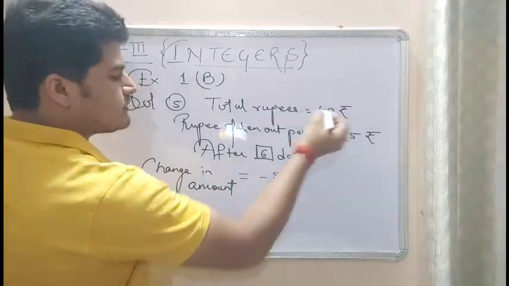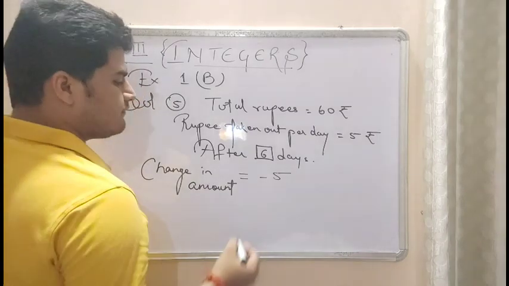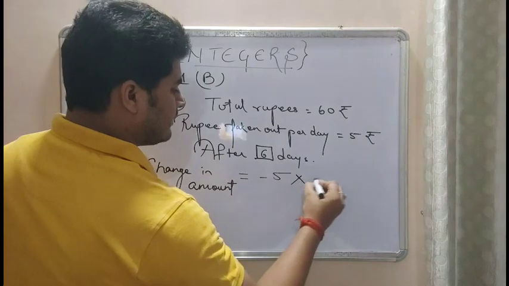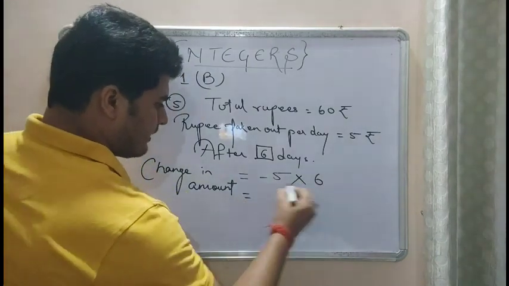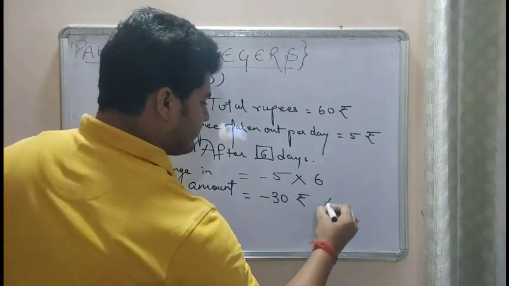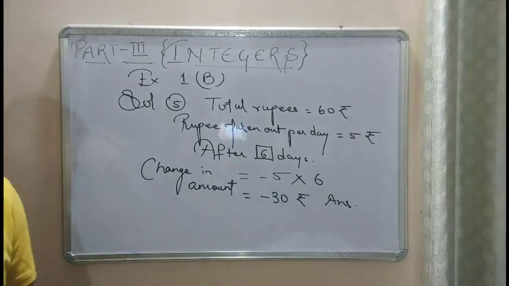So the amount is 60 rupees, taking out 5 rupees, so we have taken it minus, and for 6 days she is doing that, continuously. So minus 5 into 6, that is minus 30 rupees. There will be a change of minus 30 rupees. That is going to be the answer.